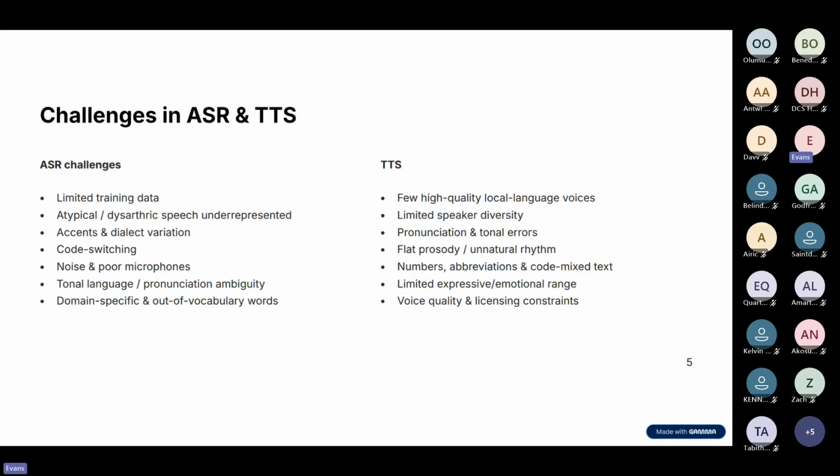So code switching is where, in our languages, most of the time when we are speaking, we mix it with English, especially the fancy ones, right? So you will be speaking Twi, then you chip in some English. So in such cases, the model may or may not be confused about the English word you use.